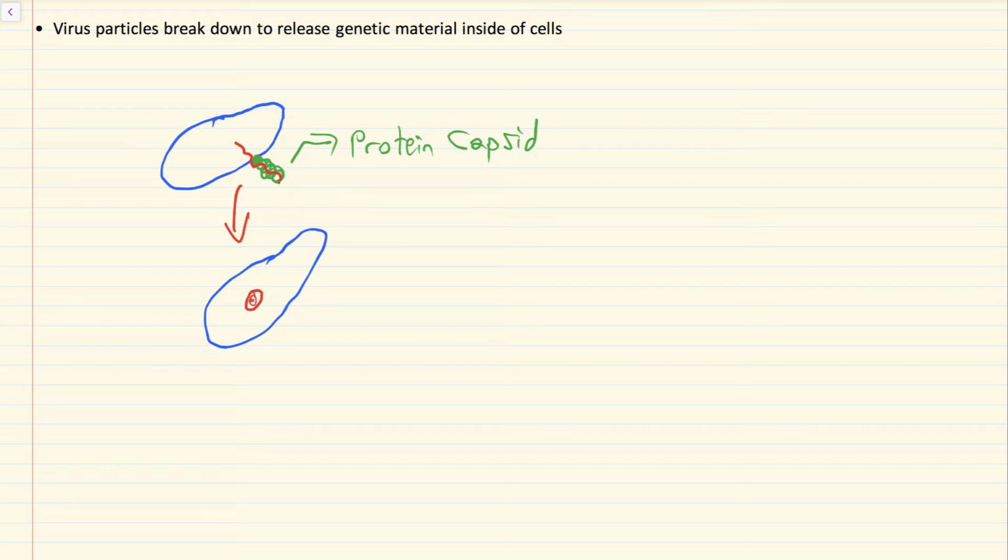So if we can imagine this here as a ribosome and the genetic material of the virus, now this ribosome is going to produce the protein products encoded on the nucleotides of the virus genome, and that's going to synthesize the proteins that basically hijack the host cell into producing more host cells containing these viral enzymes.